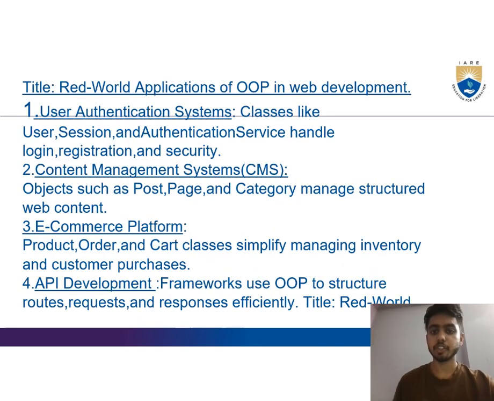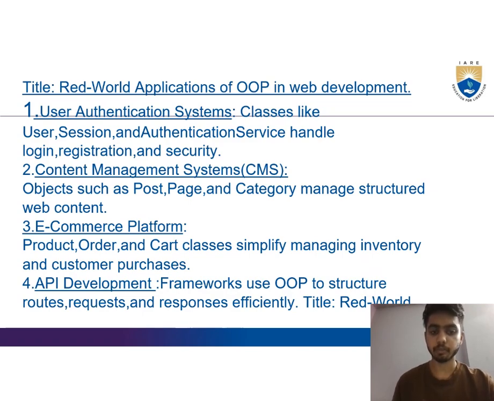Real-world applications of OOP in web development. User authentication system: classes like user, sessions, and authentication service handle login, registration, and security. Content management system, CMS: objects such as post, page, and category manage structured content.